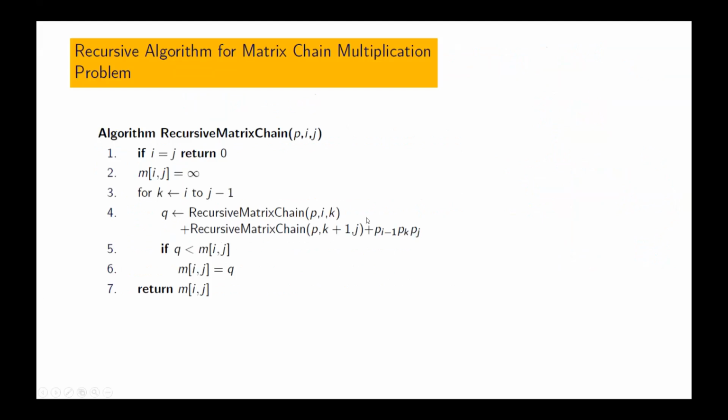This is simply a recursive algorithm based on this. But what is the time this recursive algorithm takes? Okay, otherwise I stop here. Next class we will continue.